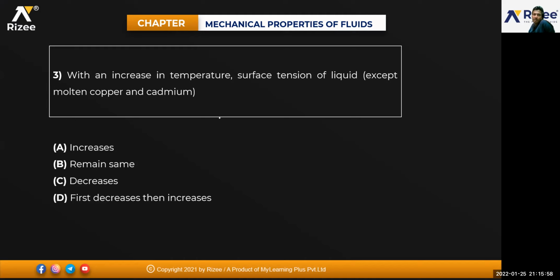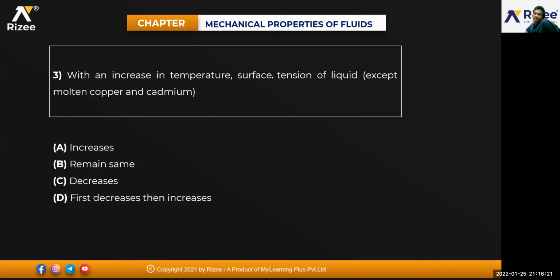Anyone? With increase in temperature, surface tension of the liquid. See, generally it is advised to wash your clothes with hot water. Reason for that, dust will be removed easily rather than using cold water or rather than using the surface, what do you call that one? Detergents. Option C, very good.